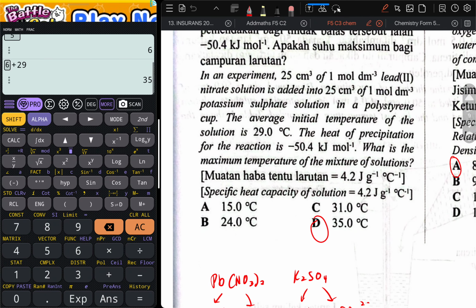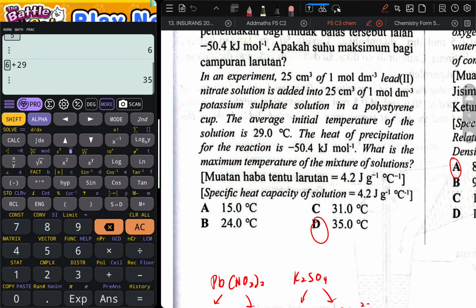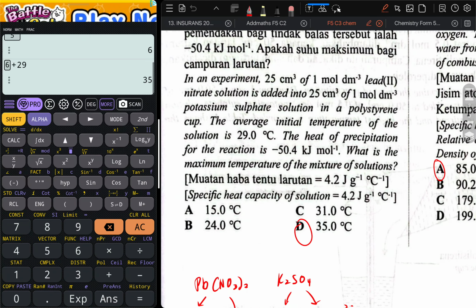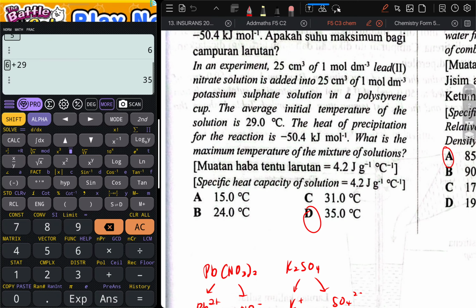We have the initial temperature, which is 29 Celsius, and the heat of precipitation, which is the delta H, is negative 50.4 kilojoules per mole. So we need to find the maximum temperature.